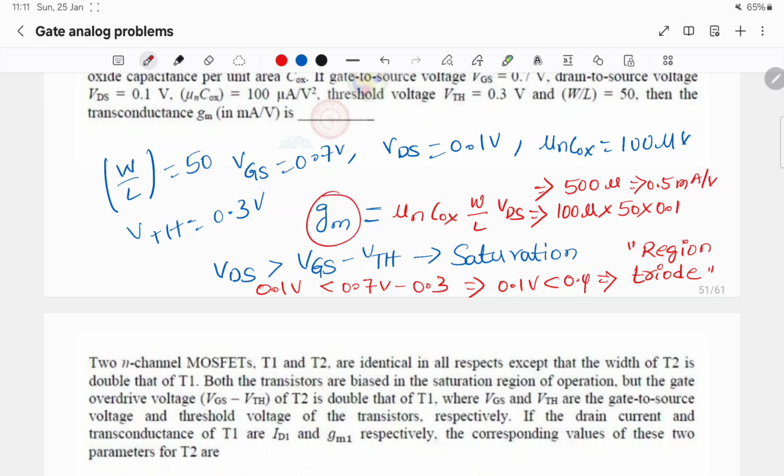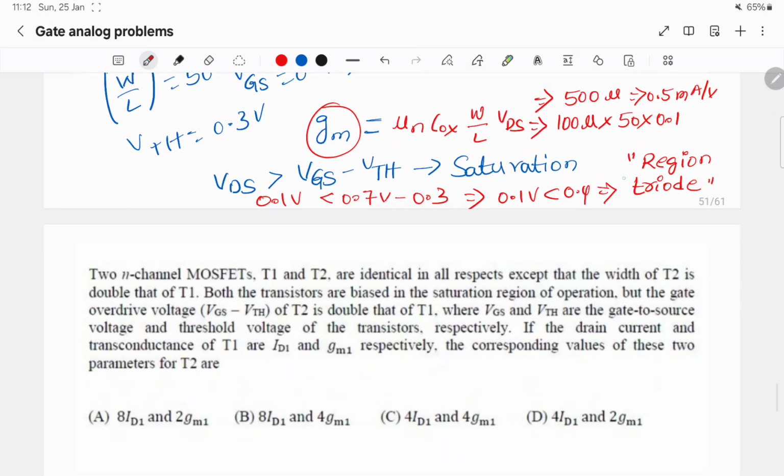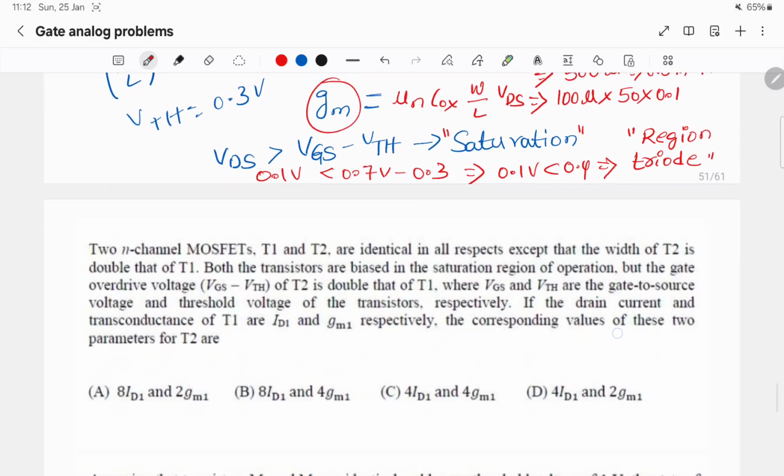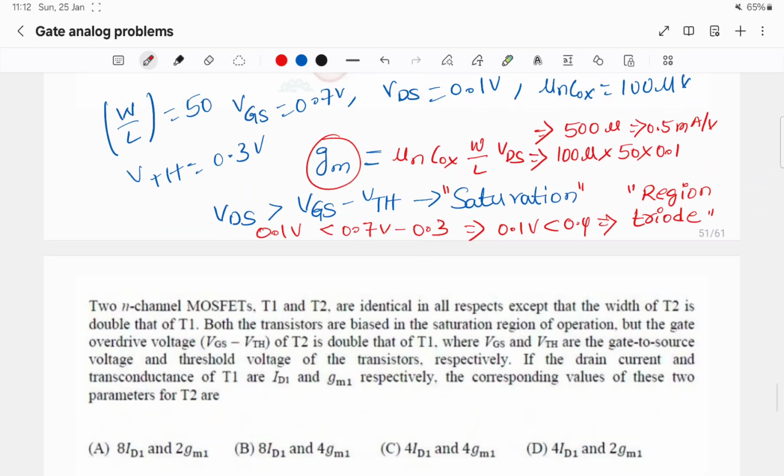This is GM. Before finding GM, we should check whether the MOSFET is in saturation or triode. In this case it is in triode, so we have to apply the GM equation for triode.